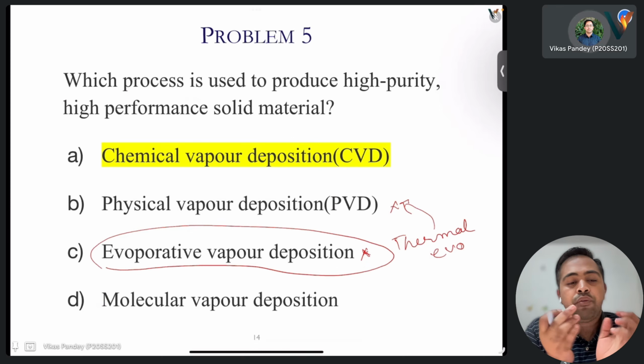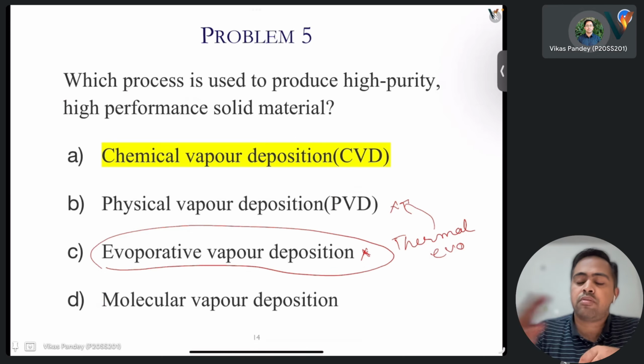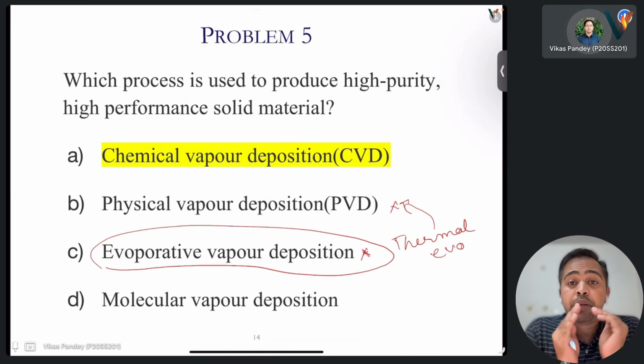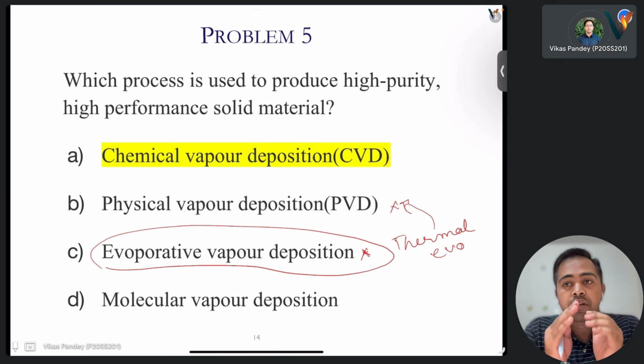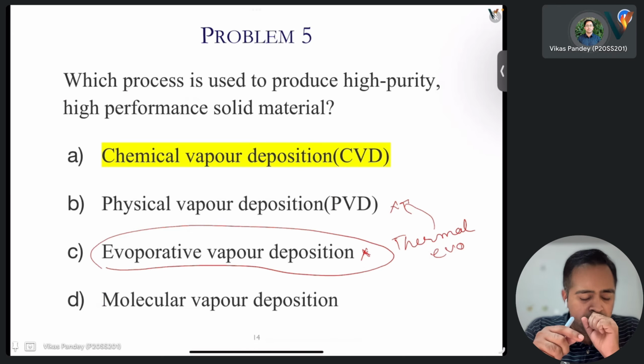In PVD, we are just either evaporating it or sputtering it, like we are taking some molecules at once and then depositing it somewhere. So we are not preparing the solid material. But in case of CVD, with chemical reactions, we are preparing the solid material.